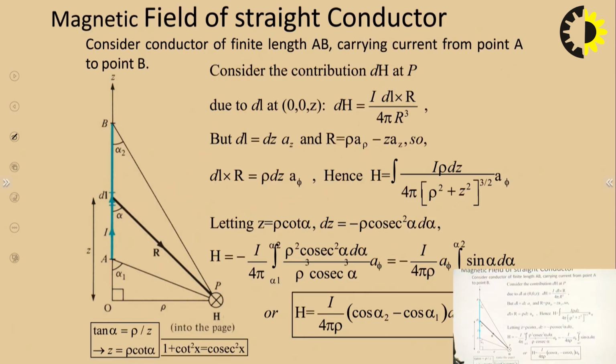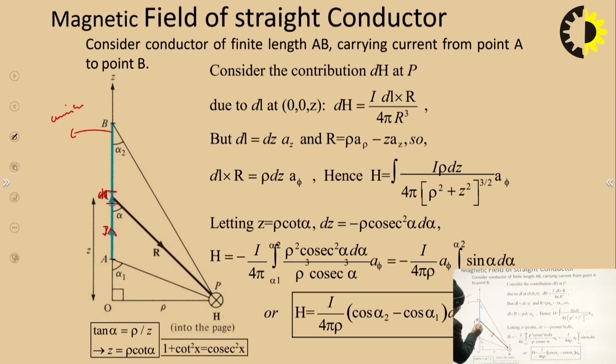So one question we have to define here: the magnetic field of a straight conductor. This is the diagram of a current carrying conductor having a flow of current I. This is the differential length dl.